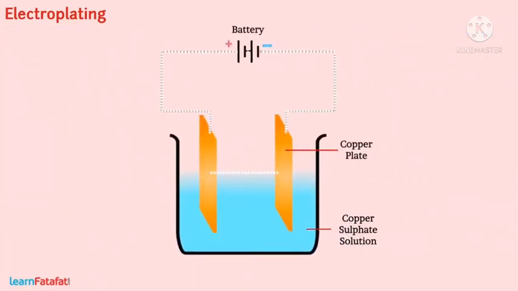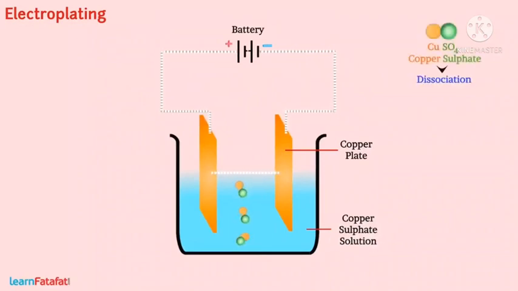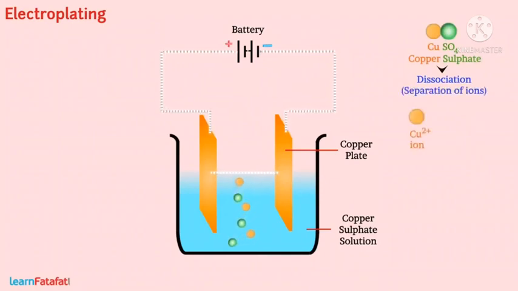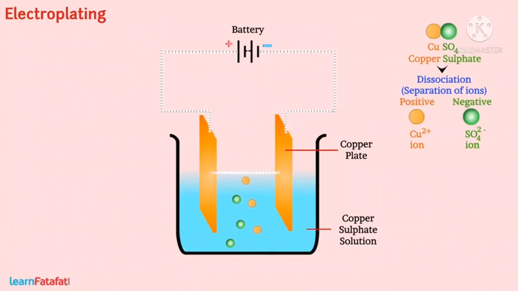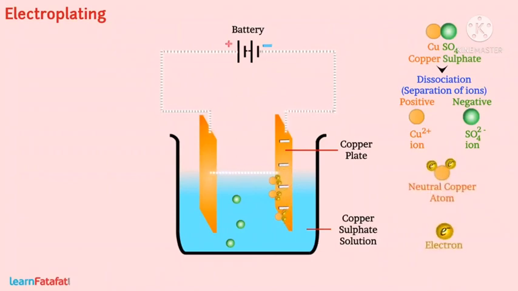When electric current is passed through copper sulfate solution, there is dissociation of copper sulfate. Dissociation signifies separation of the positively charged copper ion from the negatively charged sulfate ion. Being positively charged, the copper ions get attracted towards the negatively charged copper plate, where the ion receives electrons and gets neutralized.